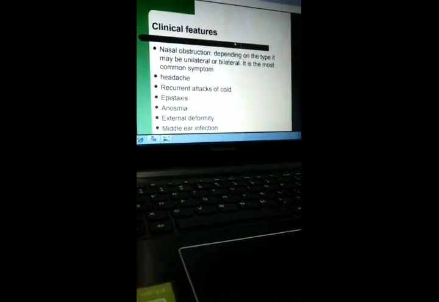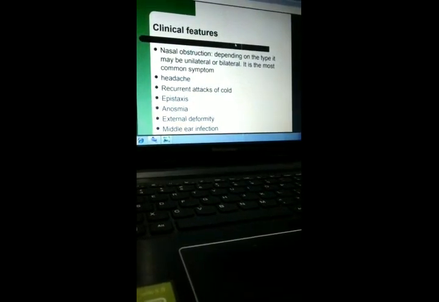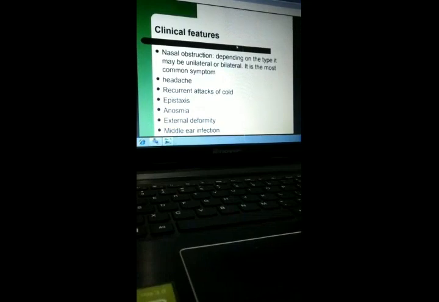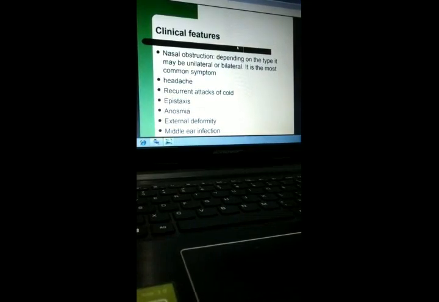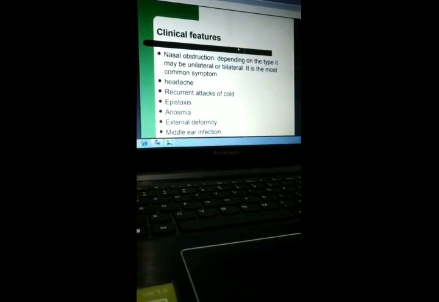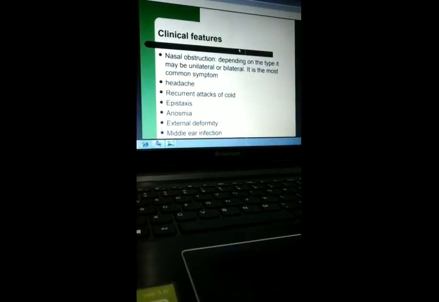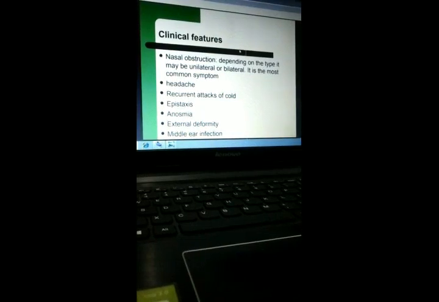Then comes epistaxis. The mucosa over the deviated part of the septum is exposed and the drying effect of the air currents leads to formation of crusts.